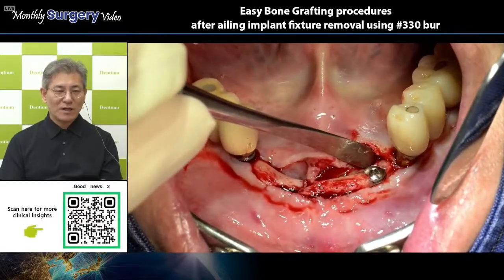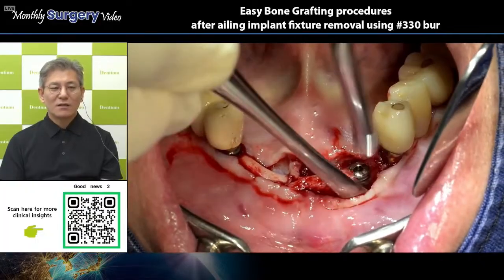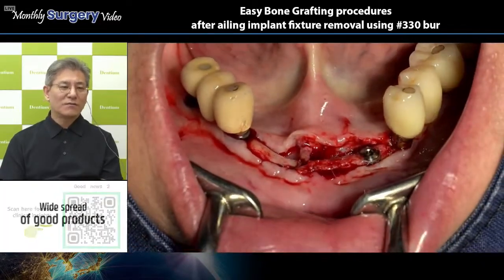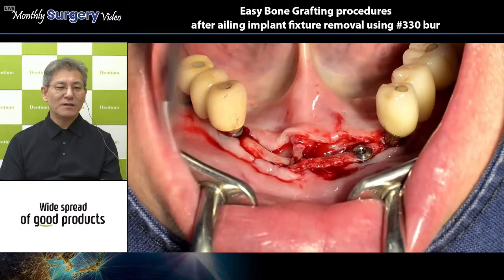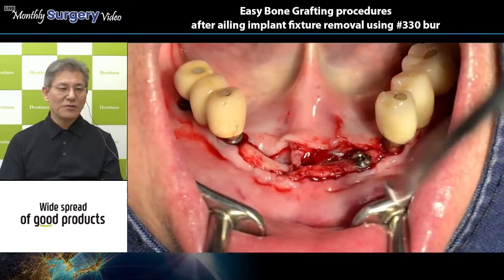So what about the labial surface? Actually, 4-5 millimeters of the implant surface was exposed on the labial area.